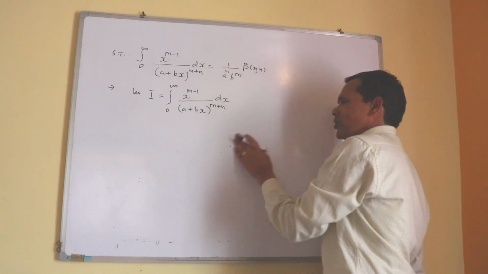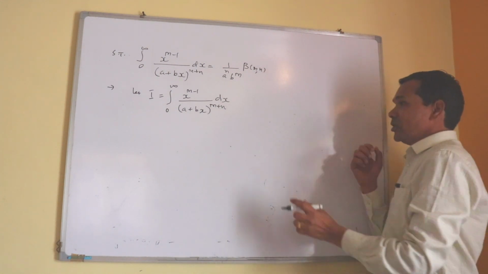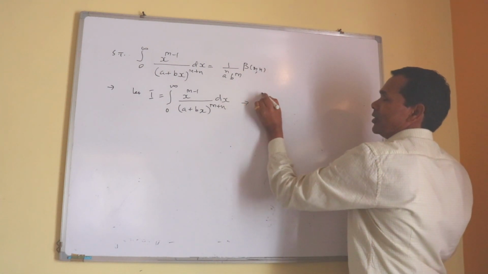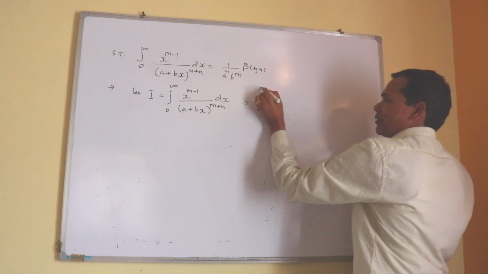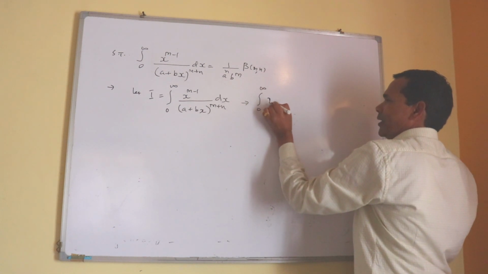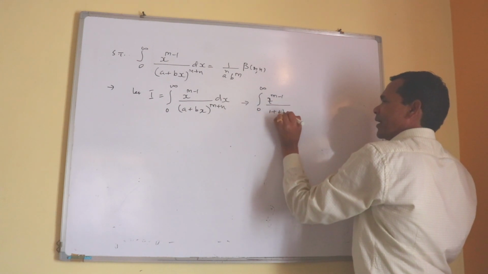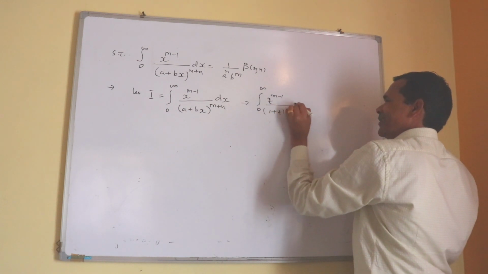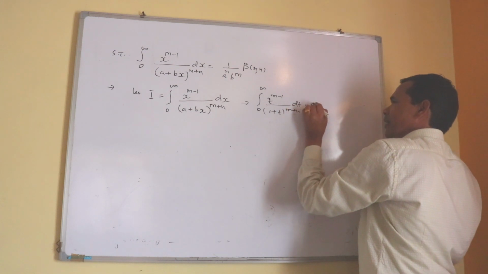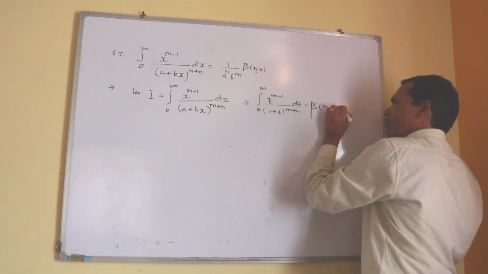Now if you observe this integral, this is not the basic form of the beta function. We have this particular form, t raised to m minus 1 divided by (1 plus t) bracket raised to m plus n dt, which is equal to beta m, n. So you have to reduce to this particular form.